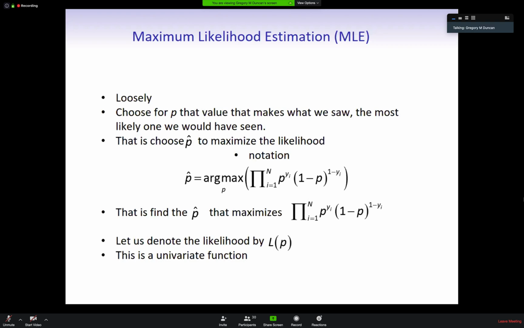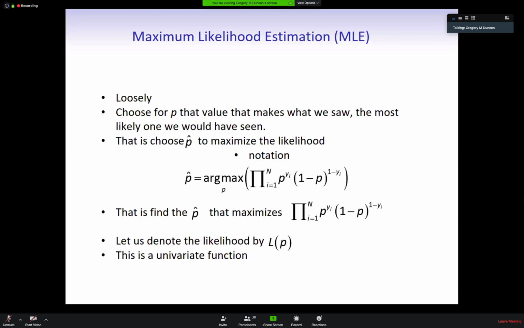And somebody says, well, so what are its properties? And you go, best, linear, unbiased, right? So we'll have something like this for likelihood functions. We'll have something like unbiasedness called consistency.